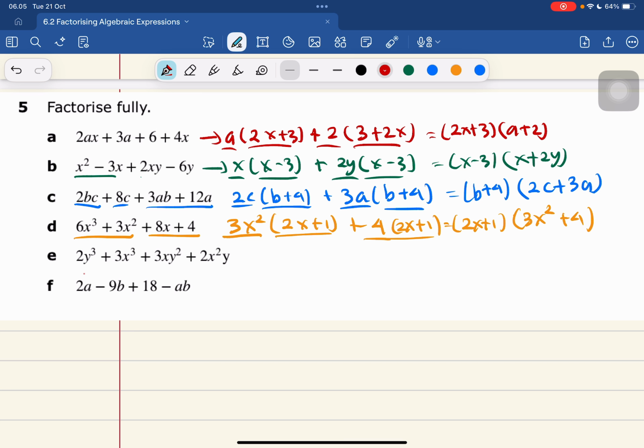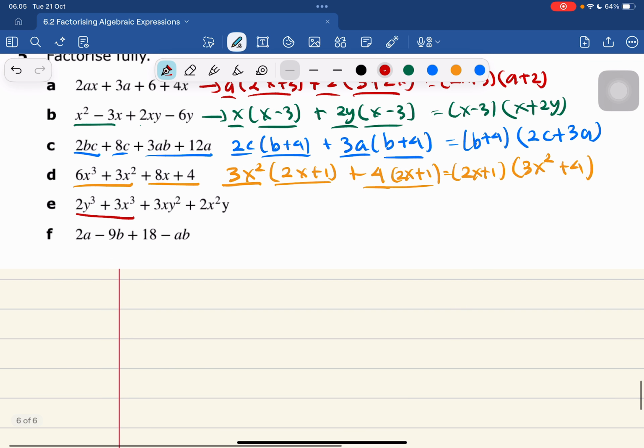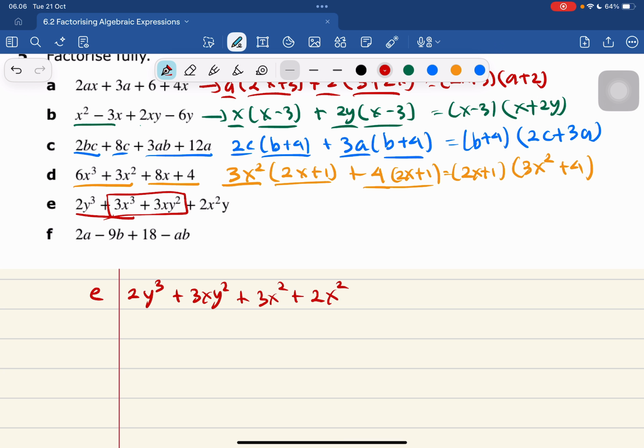Next, here there is no common factor, so I guess we swap. Here we can swap, so 2y to the power of 3 plus 3xy squared plus 3x squared plus 2x squared y. Factorize from this, it's gonna be y squared times 2y plus 3x.